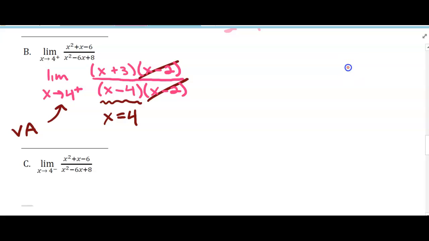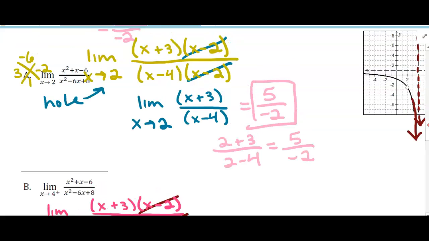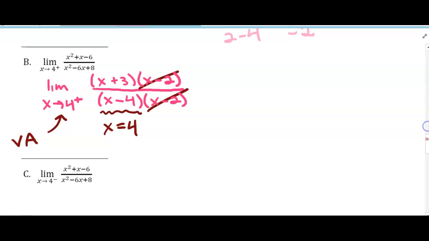When I recognize that direct substitution doesn't work, I factor. In letter A, once I factored, the x value I was looking at was a hole, so I was able to cancel those factors out, try direct substitution again, and it worked out for me. Vertical asymptotes are going to be a little bit different.